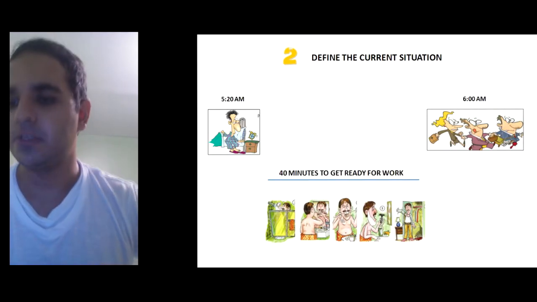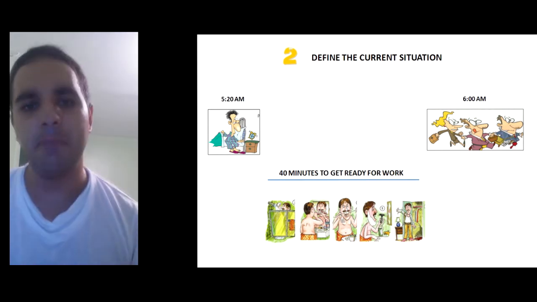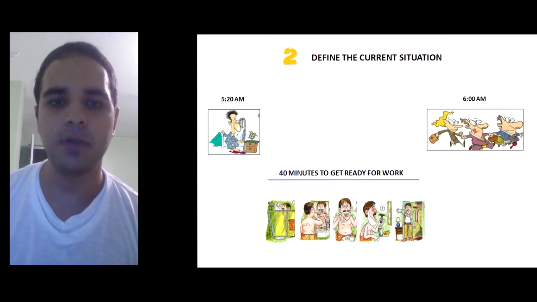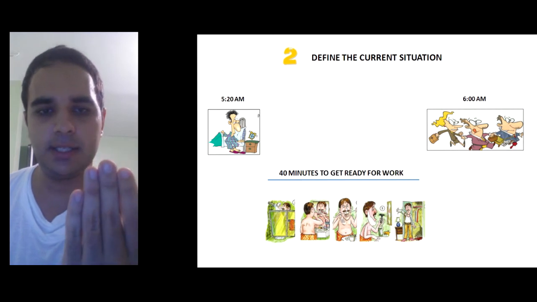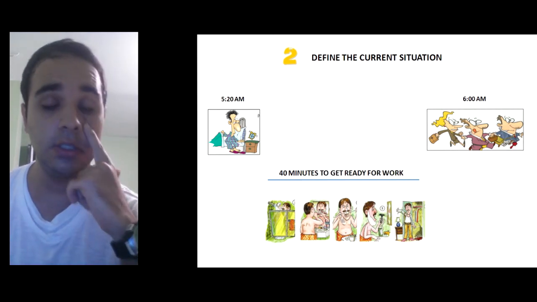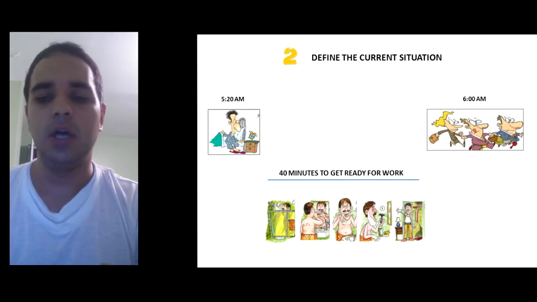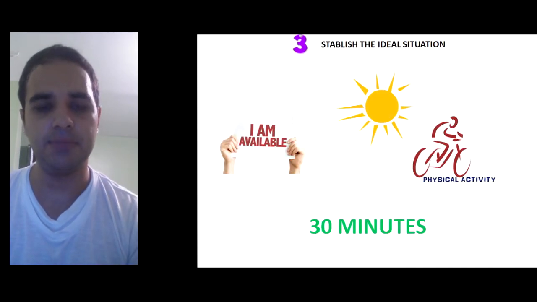Step number 2, define the current situation. What is the current situation? You wake up at 5:20 and you leave home at 6. So you have 40 minutes to get ready for work, for leaving home. So establish the ideal situation.